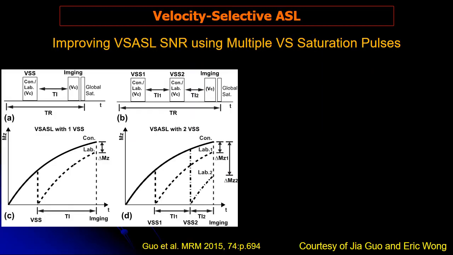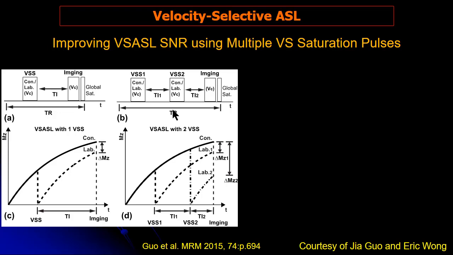Because the conventional velocity-selective pulse train is saturation-based, in order to improve the velocity-selective ASL, the Edgar group proposed a scheme to have multiple VS saturation pulses before the acquisition.